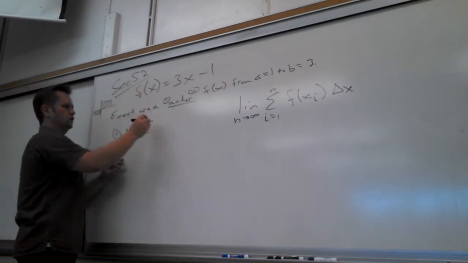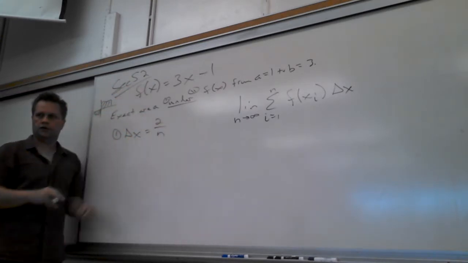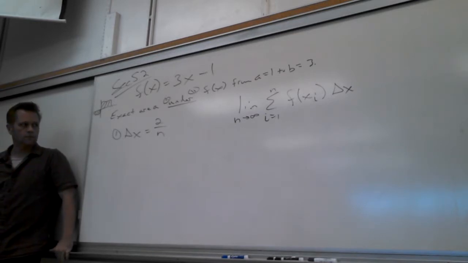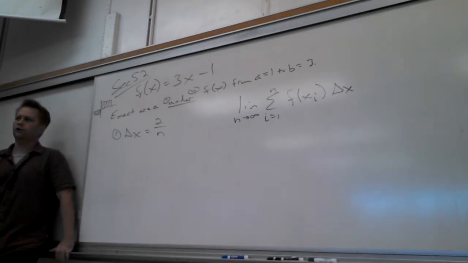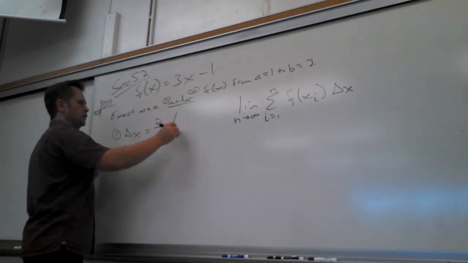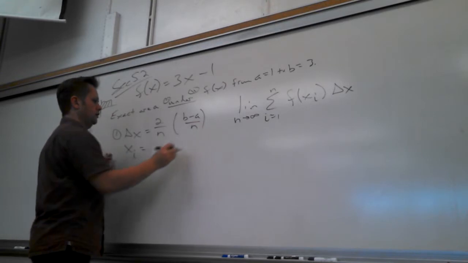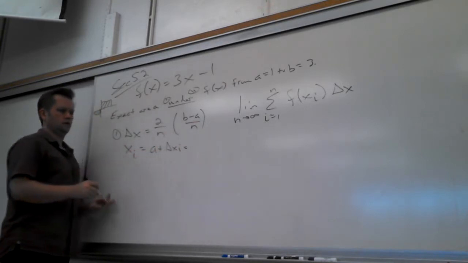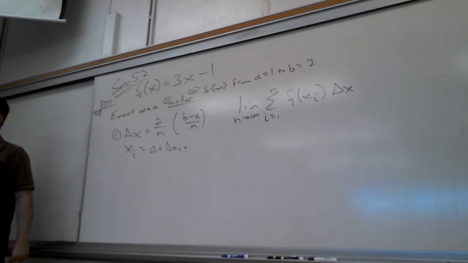Yeah, 3 minus 1 is 2. And then immediately, what could I figure out after that? xi. So delta x is b minus a over n, and xi is a plus delta x times i. Some very nice formulas just to plug stuff in.